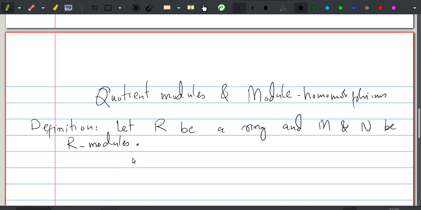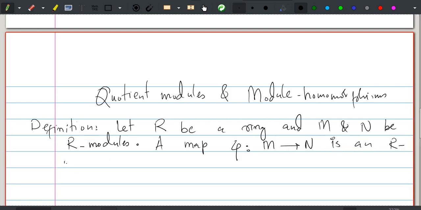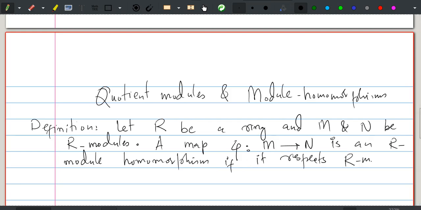So a map phi from M to N is an R module homomorphism if it respects the R module structure.